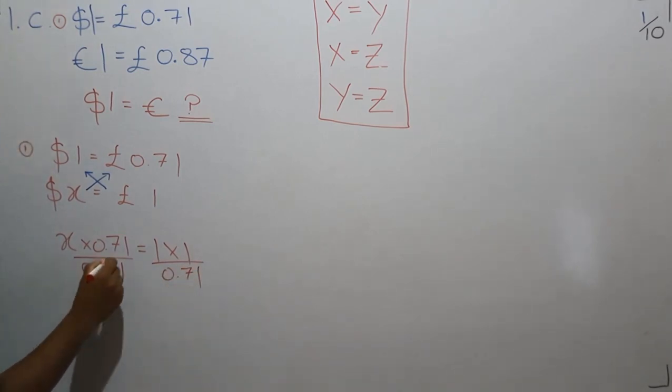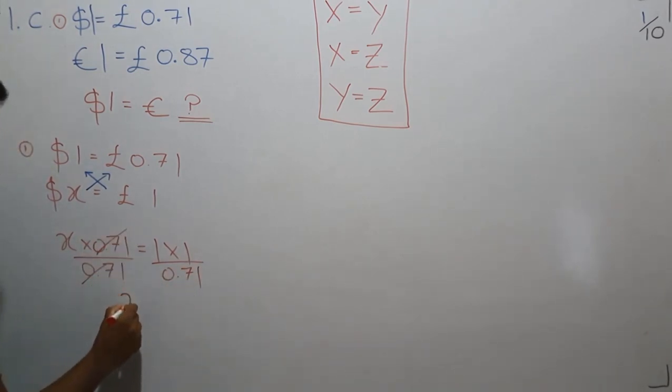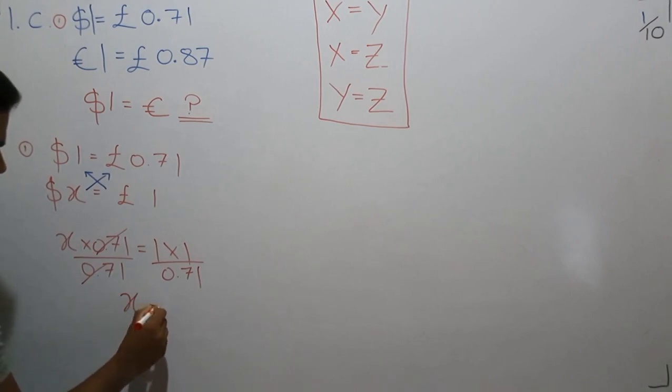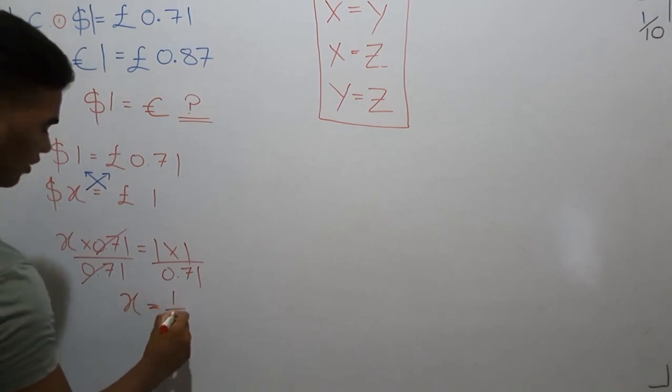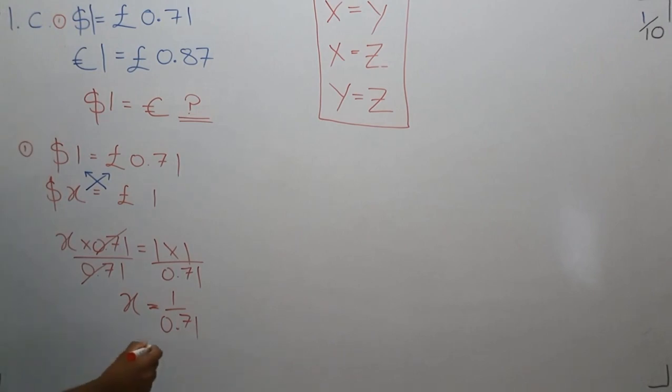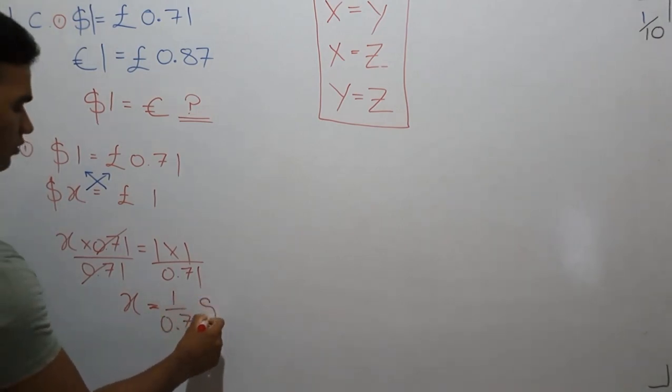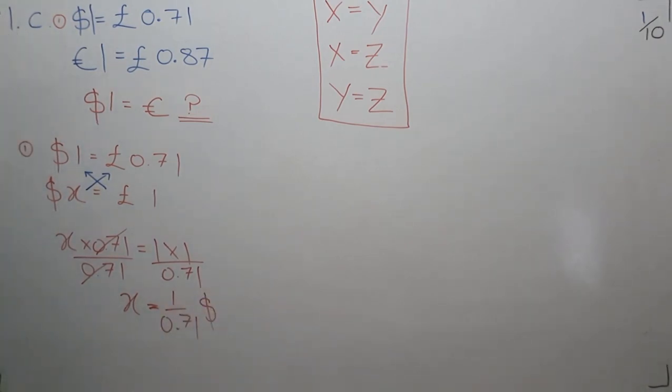So you're getting this and this will get cancelled. Leave your answer for the moment in fraction form so that you will be getting an accurate answer. 1 divided by 0.71, and this is in dollars.